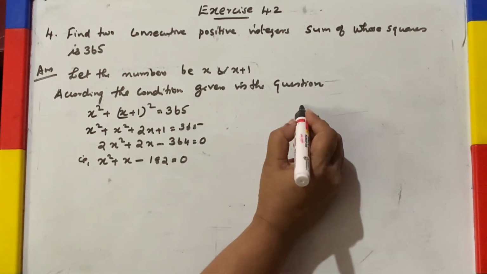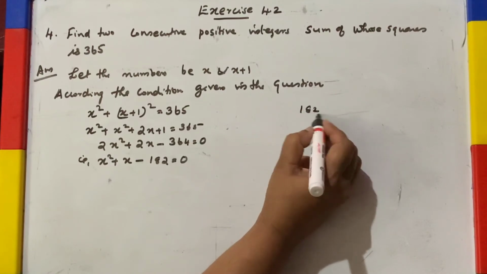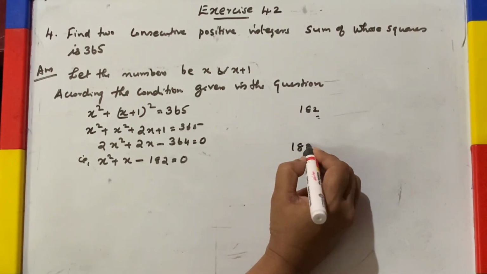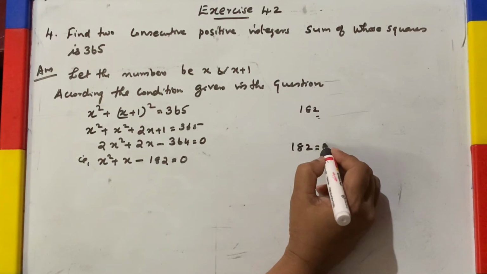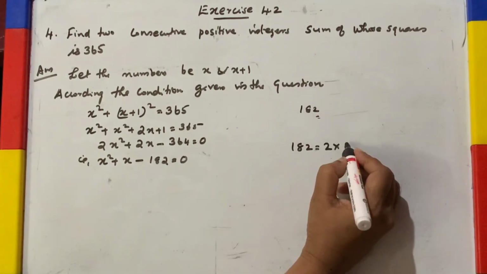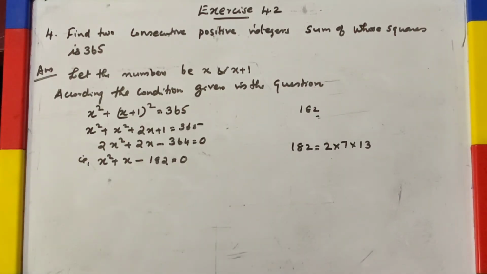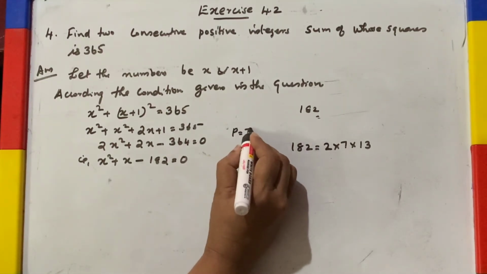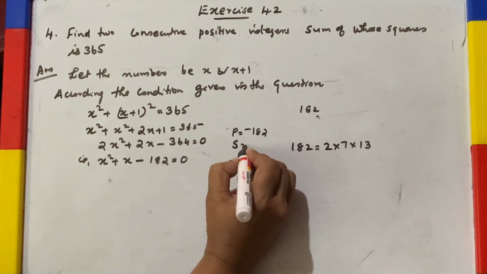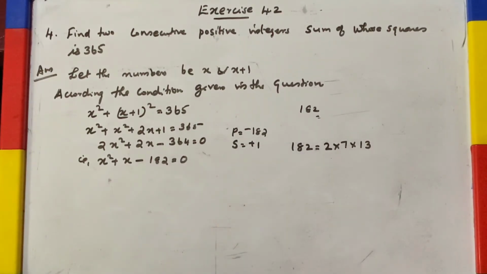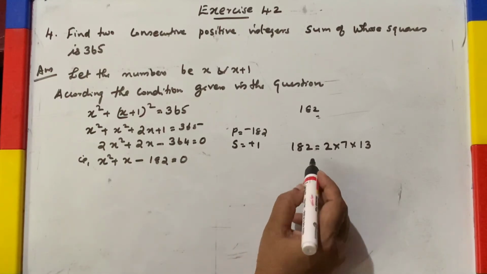So 182 again. You factorize that 182, then you will get 182 is equal to 2 into 7 into 13. But our product should be minus 182 and the sum is plus 1. So find two numbers which satisfy this condition.